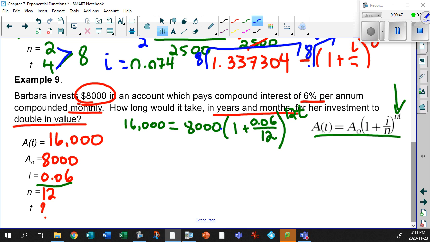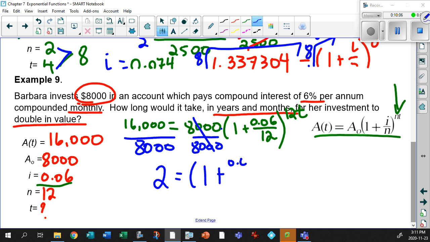Well, let's see if we can do a little preliminary stuff before we get going here. Divide this by 8,000. Divide this by, oh, hey, wait a second. Look at that. 16,000 divided by 8,000. That just means you're doubling your amount, your investment. Oh, okay. So that's 1 plus 0.06 over 12 to the 12t.